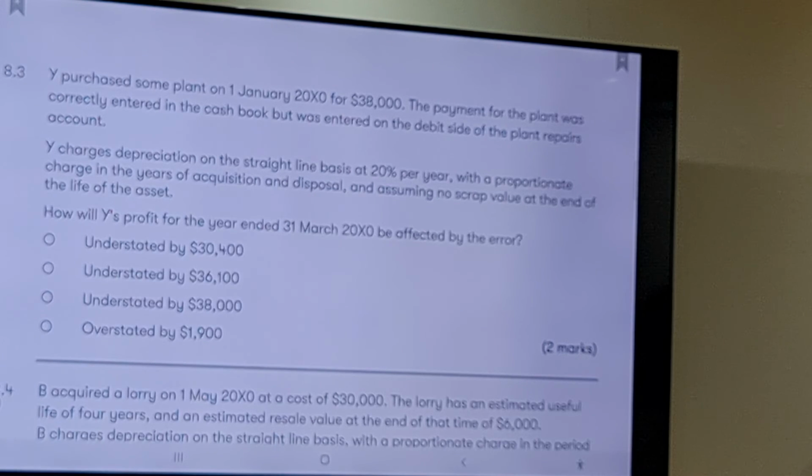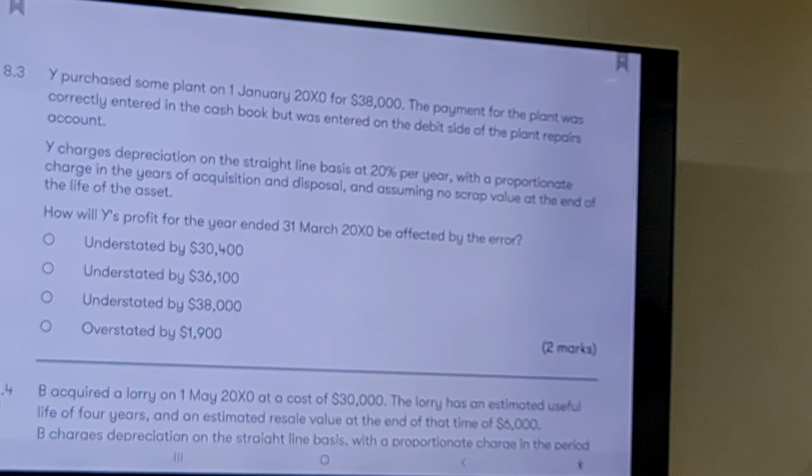By how much? 38,000. But now another point. This is an asset and you are using it. Then you need to calculate what? Just 3 months. What do you call it? Depreciation. Depreciation is what? Expense or asset? Expense. Because you didn't take that as an asset, would he have calculated depreciation or not?